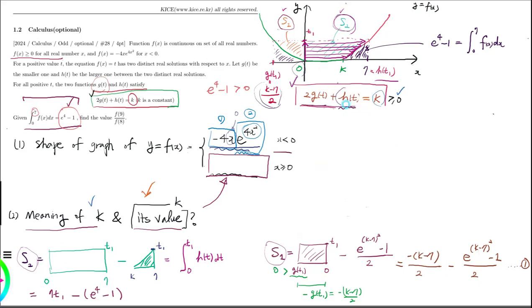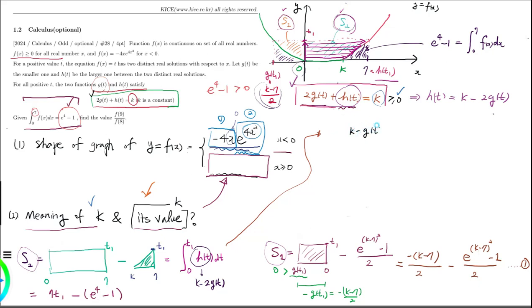And then since h of t is equal to k minus 2 times g of t, we substitute this h of t with k minus 2 times g of t. And then we take the integration here. This is our counterpart here.